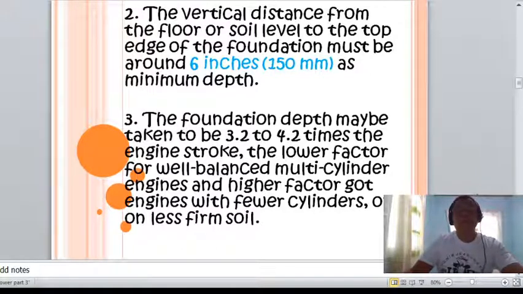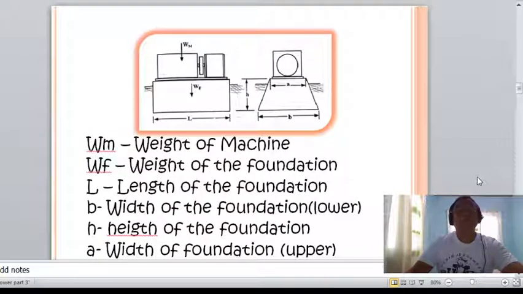So if you already know the engine stroke, multiply it by 3.2 or 4.2, and that is the depth of the foundation. The lower factor is for well-balanced multi-cylinder engines, the higher factor for engines with fewer cylinders or on less firm soil.